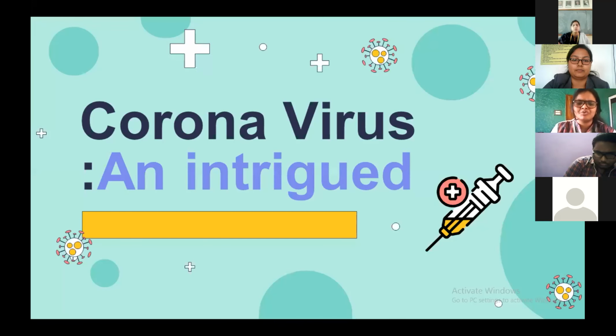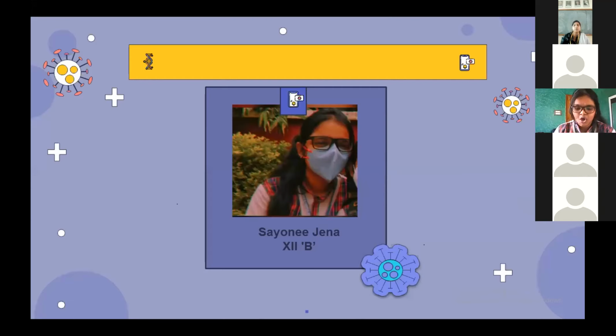The name which even made the terrorists tremble in fear, the name that completely affected the economy of many countries, was just a simple mixture of spike protein and viral RNA, coronavirus.